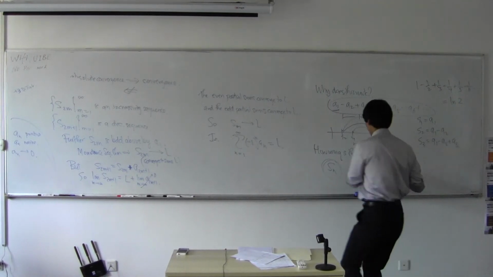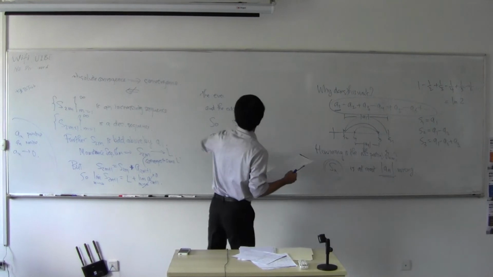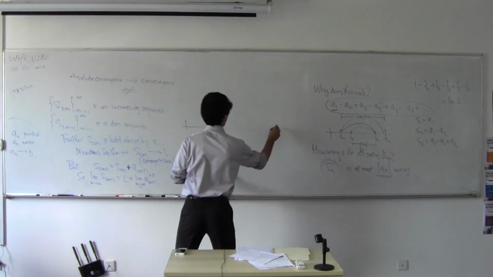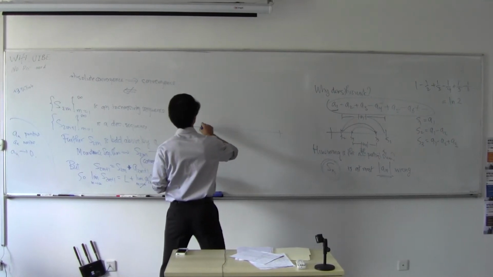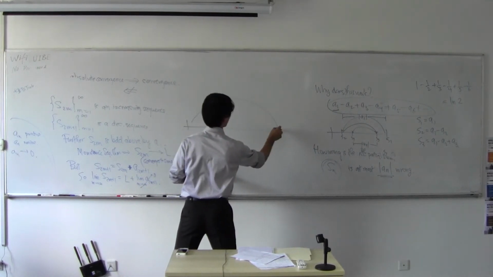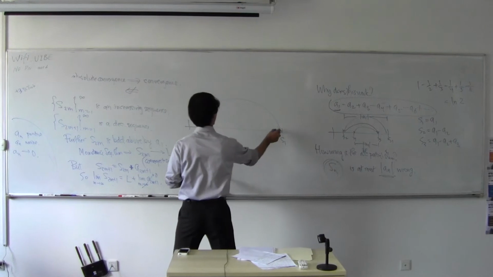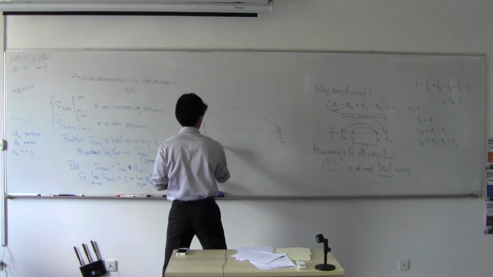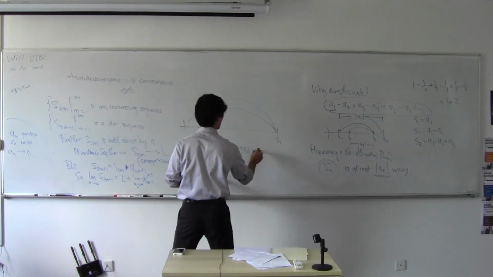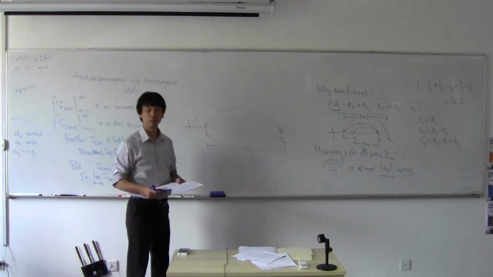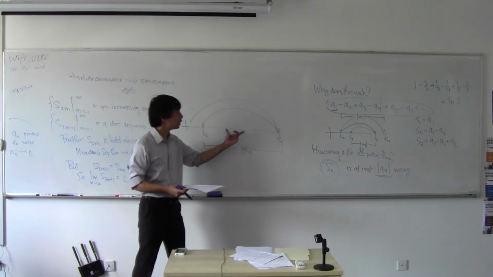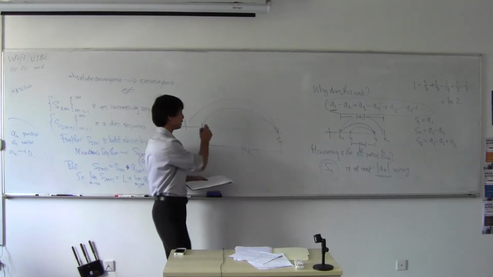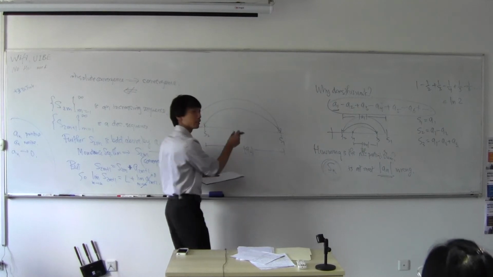I'll draw the picture again. So we jump over to here. This is S1. We jump back this way. This is S2. The distance between these guys is the absolute value of A2. And we know that the answer is in here somewhere, because after this, it's just going to bounce back and forth inside of here, right?